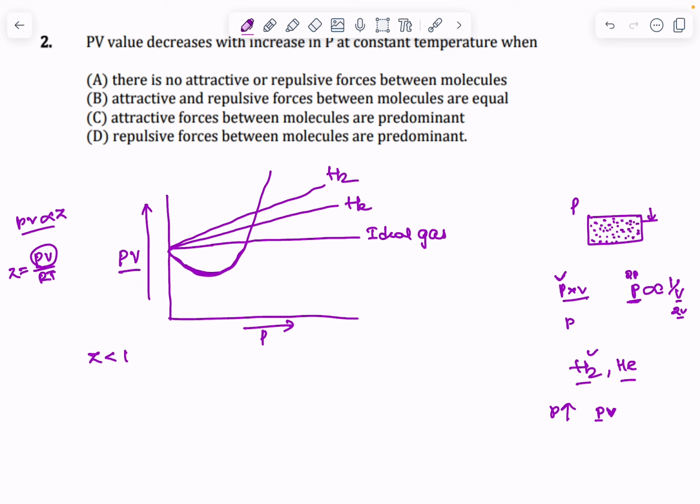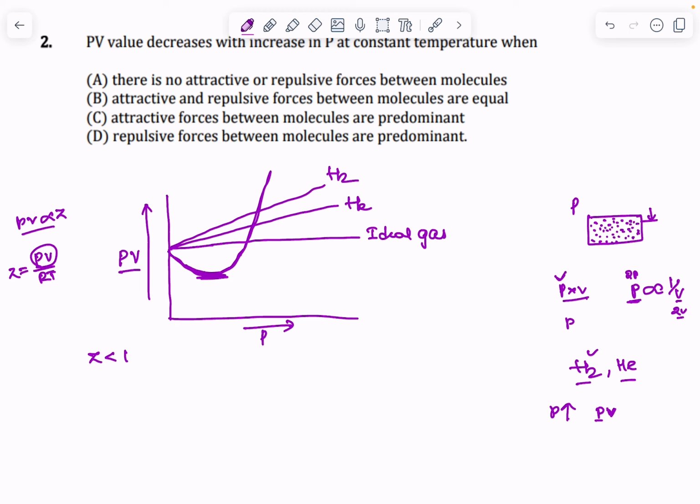This only we call liquefaction of gases based on compressibility factor. First there is a negative deviation from ideal behavior, then PV value decreases with increase in pressure and reaches a minimum value. Finally, if you increase the pressure further, then it increases.